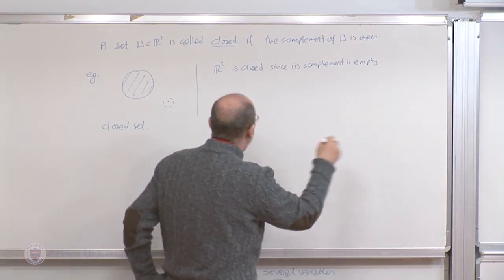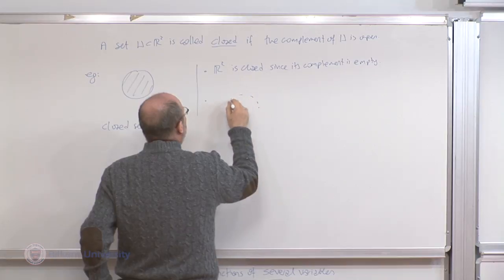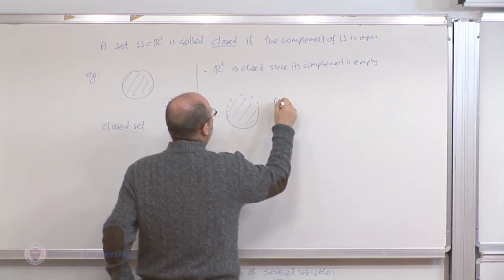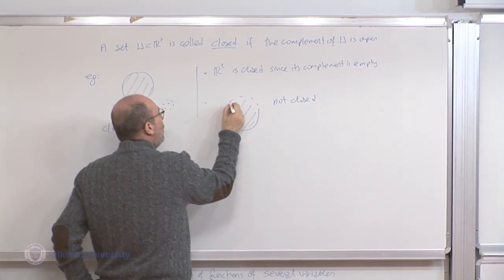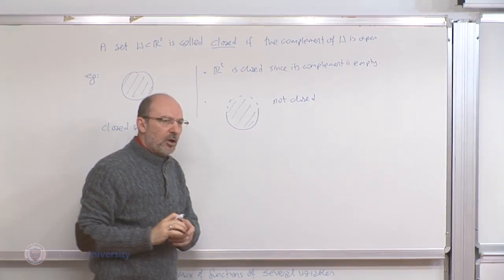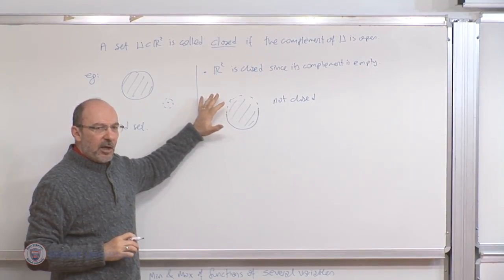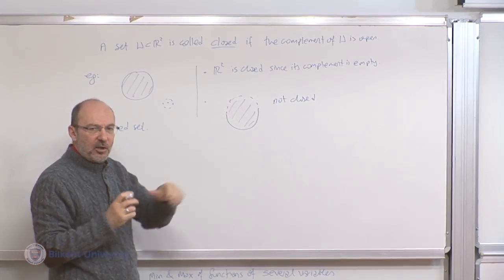And now I give another example. I have this. Okay, so this is not closed, because you see these points. In looking at these mathematical concepts, you should always consider the extreme cases, because the concept tries to draw a line at the extreme cases.